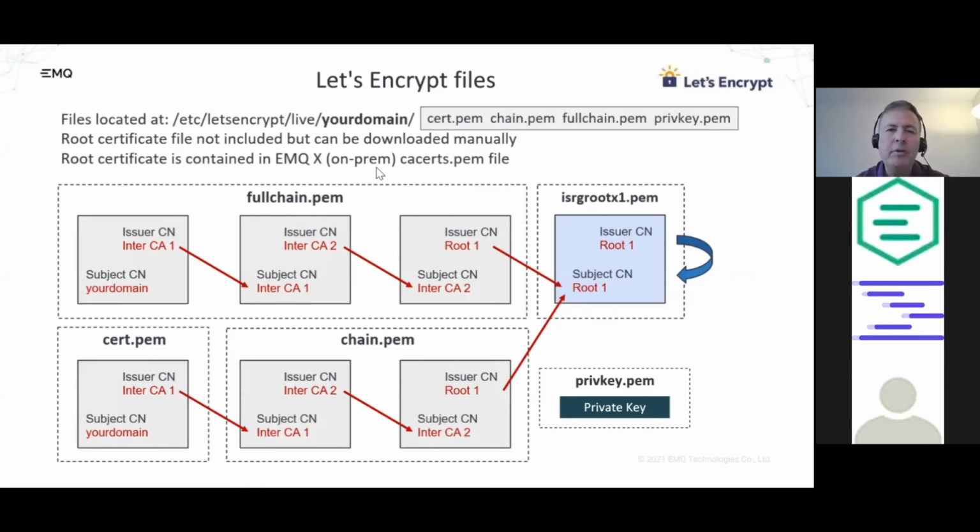But the root certificate for Let's Encrypt is contained in the cacerts.pem file. If you examine the files, you'll notice that it's the fullchain.pem file that contains the full chain. The other files are just partial chains. So the full chain file is the one you want to use.